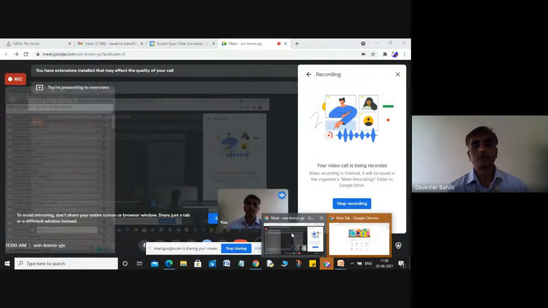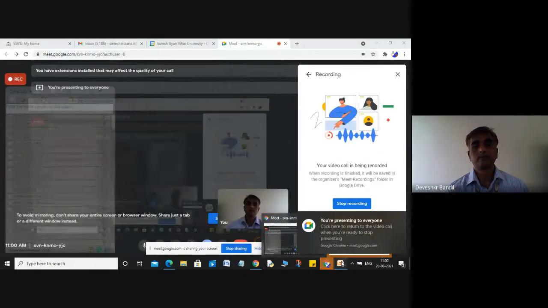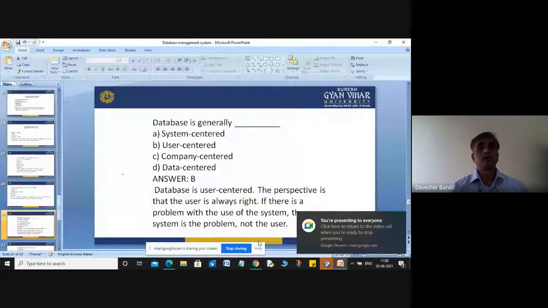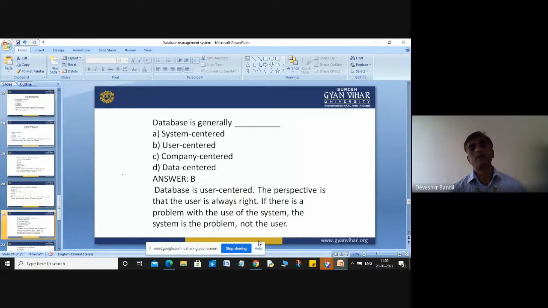Next question is that database is generally system centered, user centered, company centered, or data centered. Obviously, your database is generally user centered.